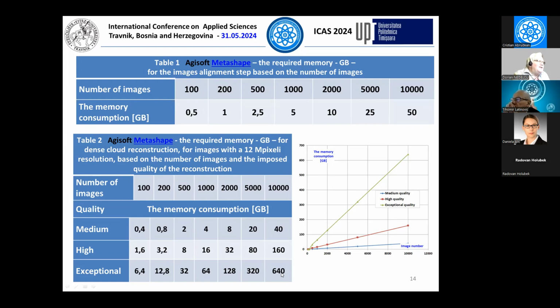But it is not required all the time to obtain this number of images. Of course, you can take 100, 200, 500, and according to the number of images, the quantity of memory is increased.